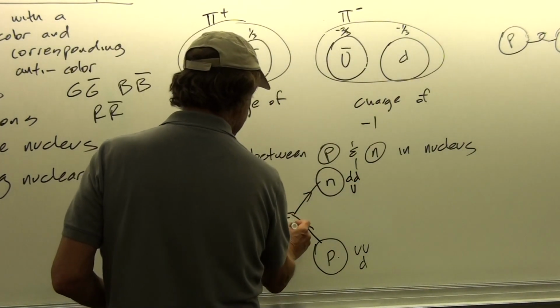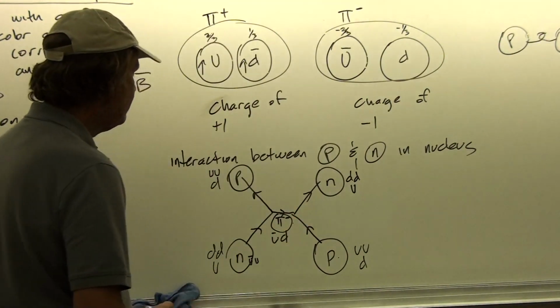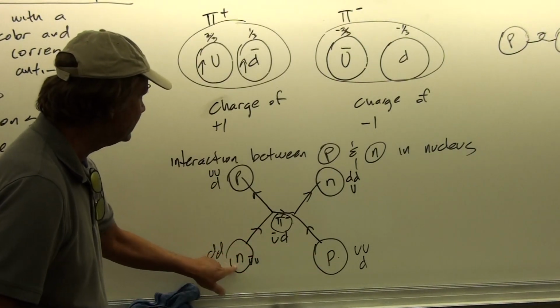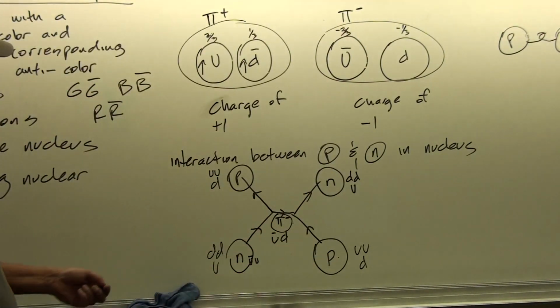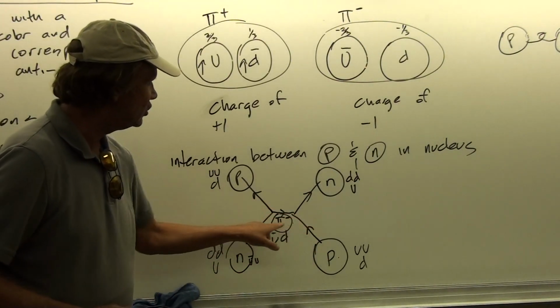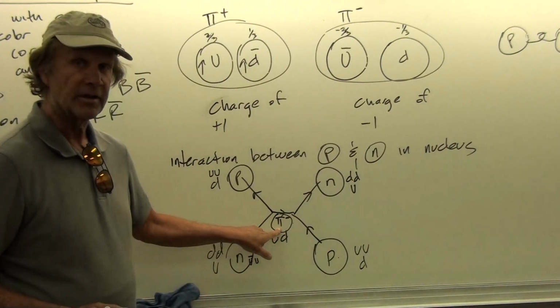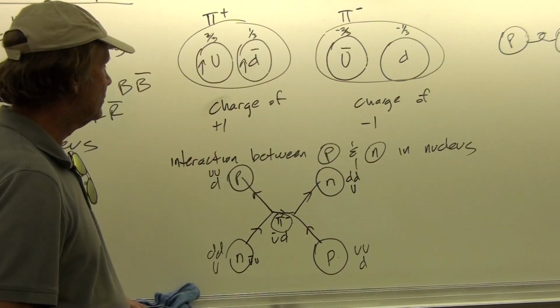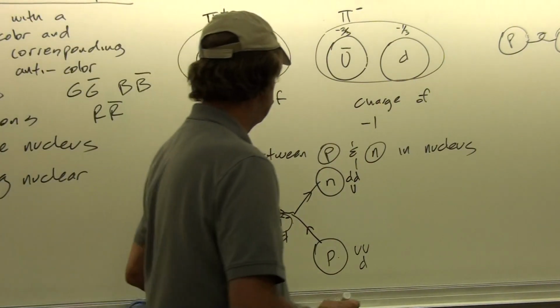Okay, so this is the process then of binding, nuclear binding, that takes place when a neutron and a proton exchange a virtual pi meson. And in the process of doing that, the neutron and the proton switch identity.